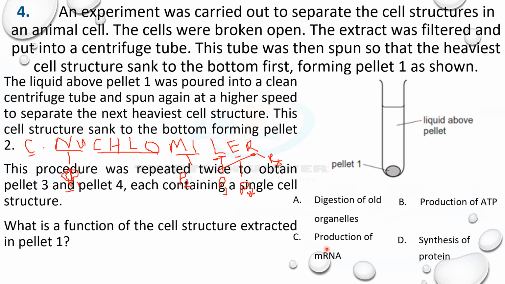This is called transcription, and transcription occurs in the nucleus, so this is one of the functions of the nucleus. D says synthesis of protein, which is a function of ribosomes or RER. So the answer is C: one of the roles of the nucleus is production of messenger RNA by transcription. I hope you got this. Chat with us and let us know what you think.